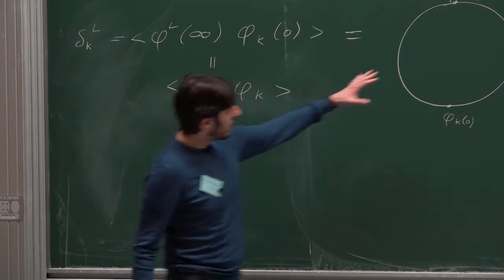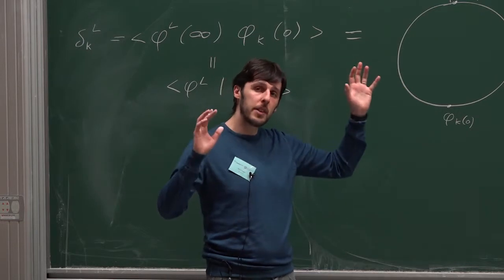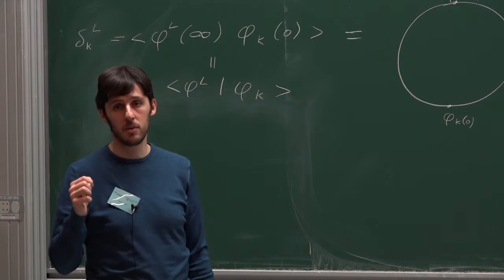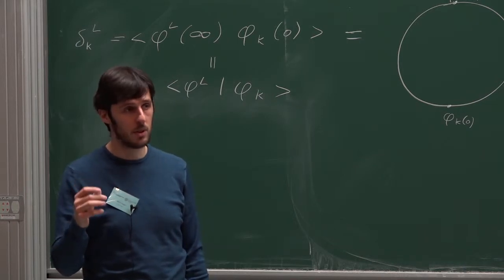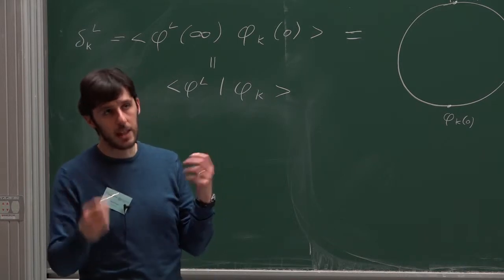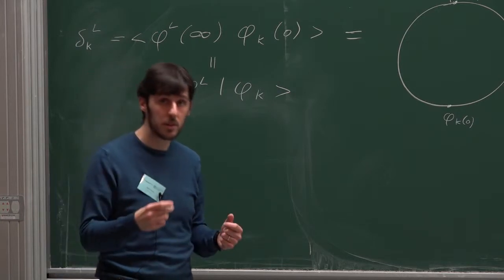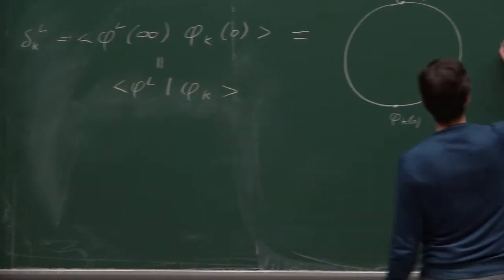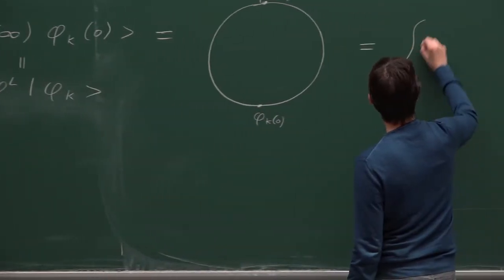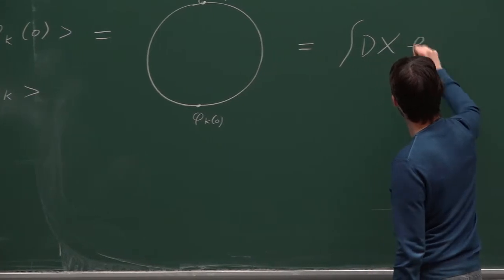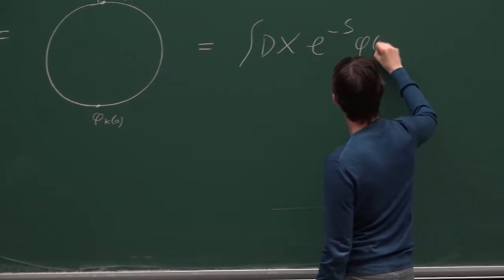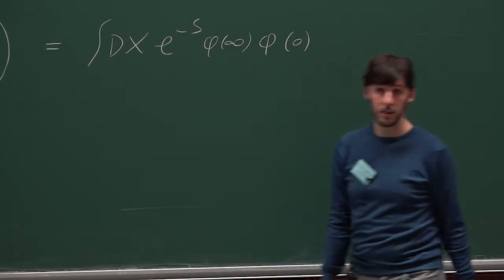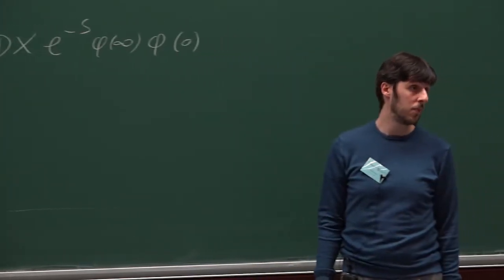Well, we have to go back to our Lagrangian formulation. This is just an intermediate step. We don't really need to, but it's convenient to do so. So in the Lagrangian formulation, this object would also be equal to some path integral on this sphere, right?